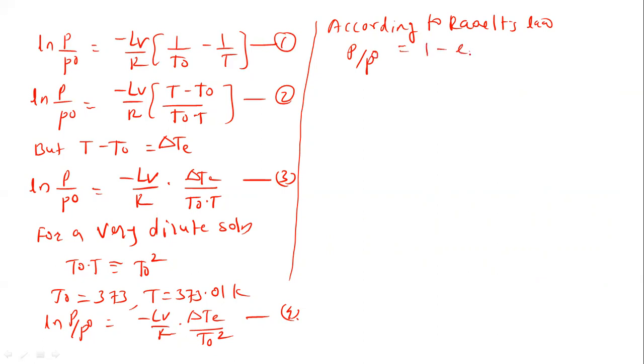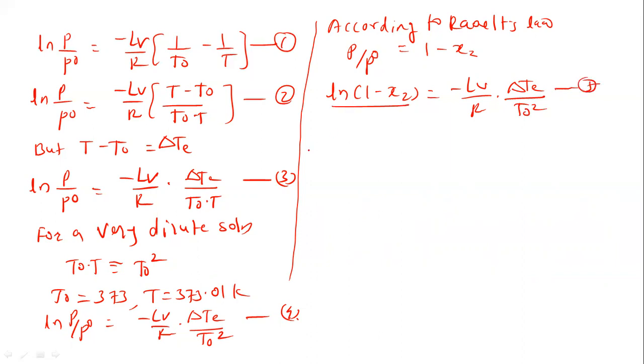This is the Raoult's law that is known to us. So let us substitute this P/P0 into this equation on the LHS. So we can write ln(1 minus x2) = -LV/R × delta TE, the elevation in boiling point of the solvent, divided by T0 square. Now this is, suppose, equation 5.